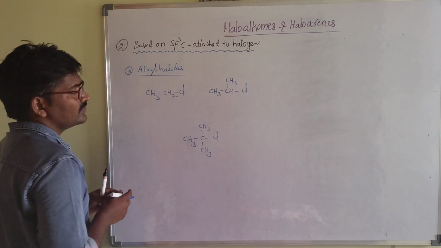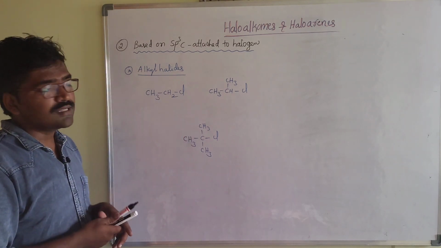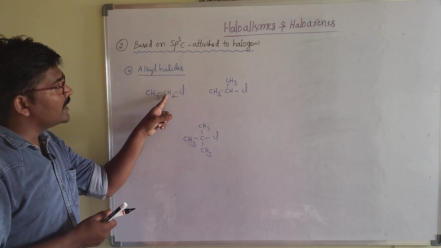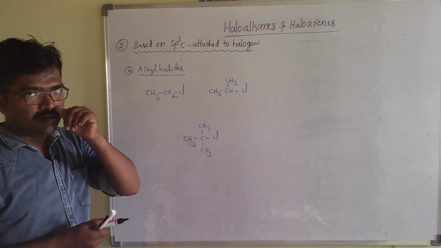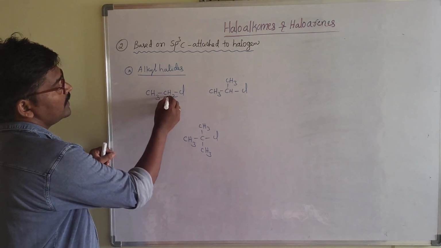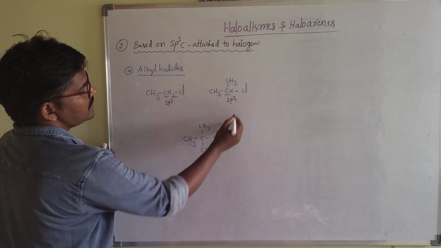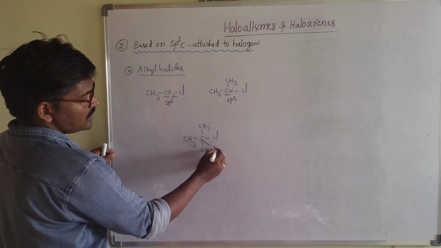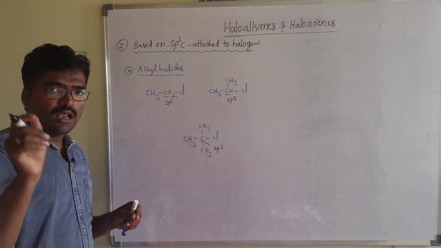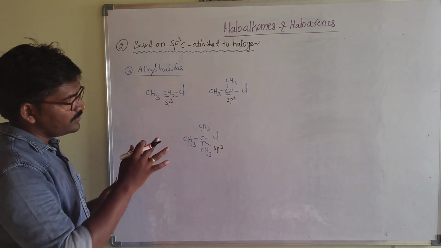All these three compounds you can observe, all are alkyl halides. The halogen atom is directly attached to the sp3 hybridized carbon. Right or not? Yes. So this is sp3 hybridized. This is sp3 hybridized. Even this is also sp3 hybridized. Halogen atom is attached to the sp3 hybridized carbon. But the three compounds are different.